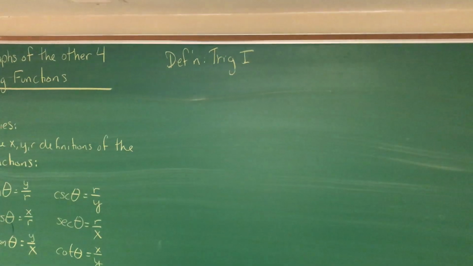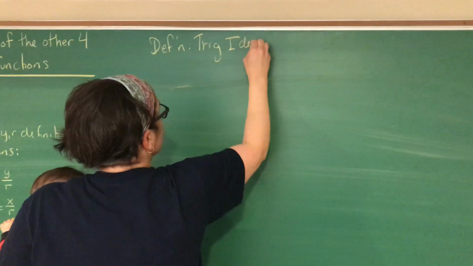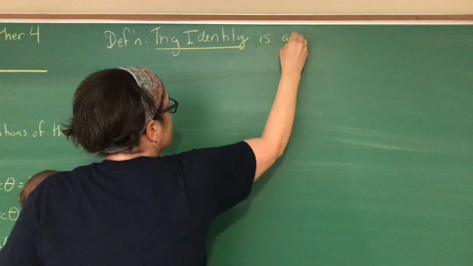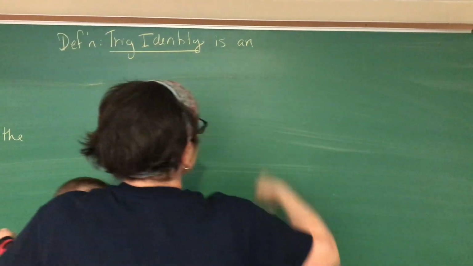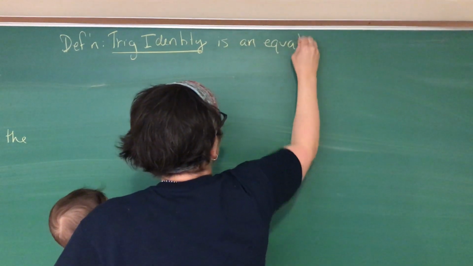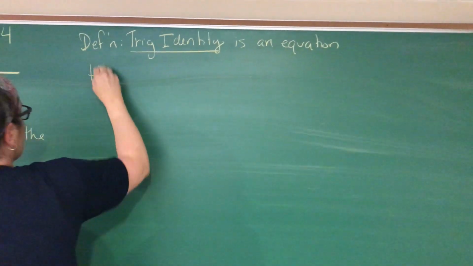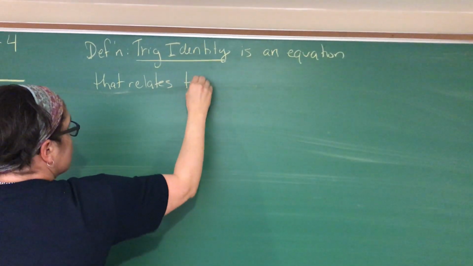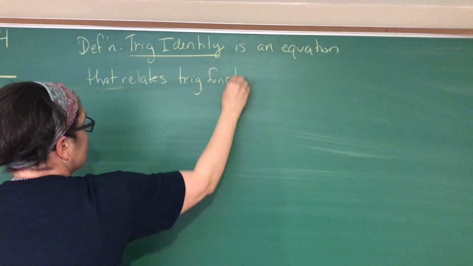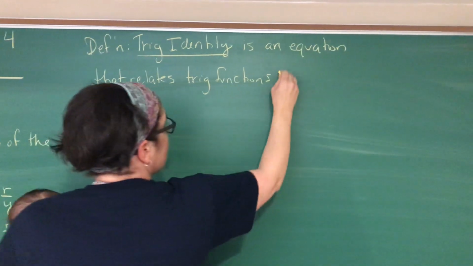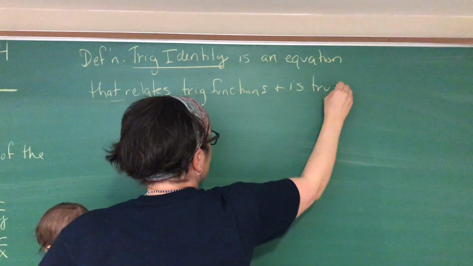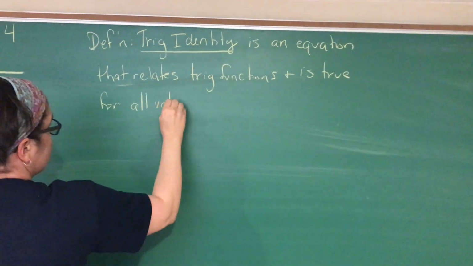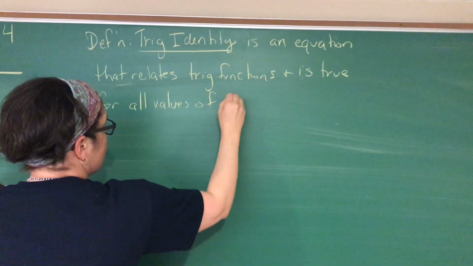A trig identity is an equation that relates trig functions and is true for all values of theta.